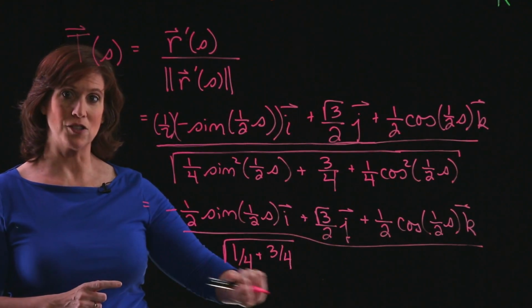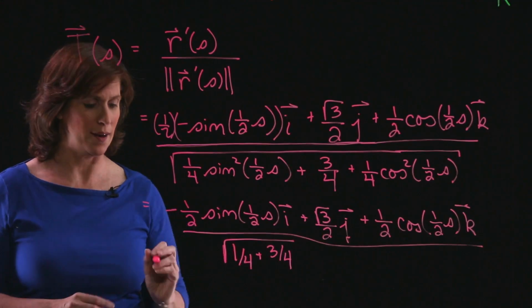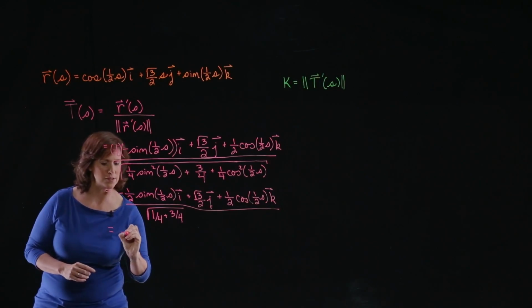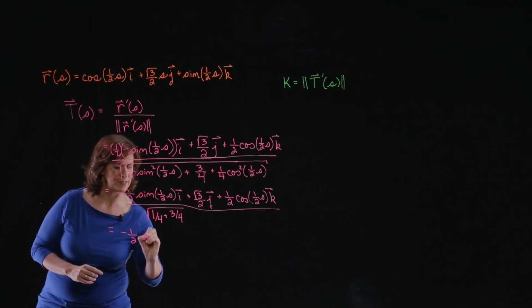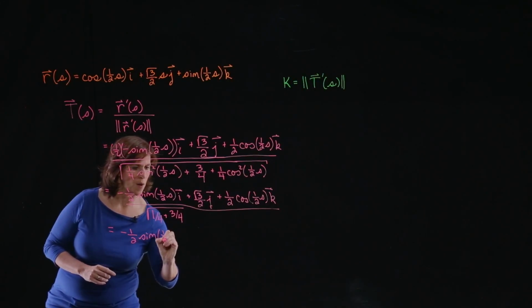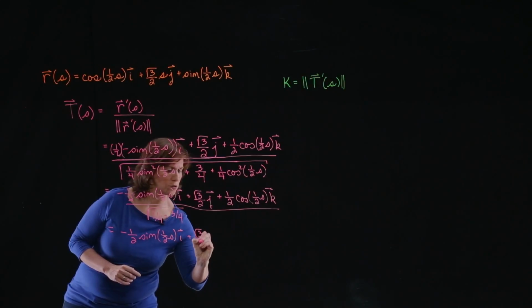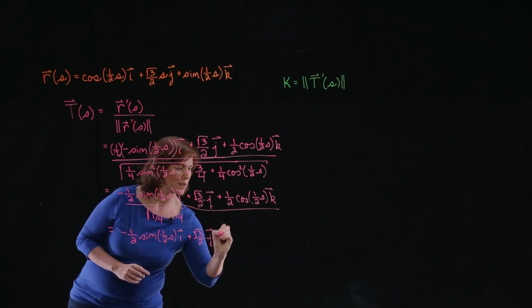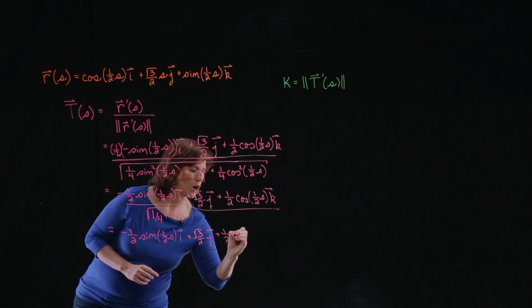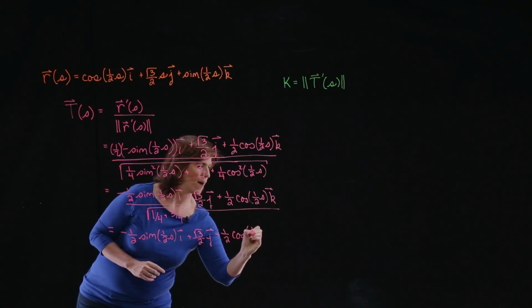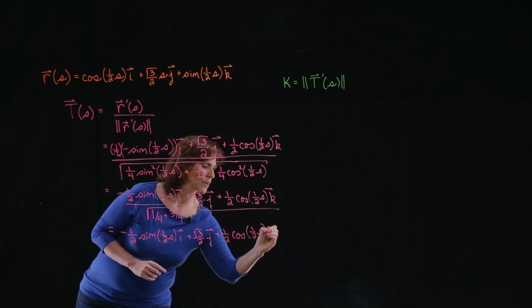So that whole denominator turns into the square root of 1, which is just 1. So again, the whole thing reduces to minus 1/2 sine of 1/2 s times vector i plus root 3 over 2 times vector j plus 1/2 cosine of 1/2 s times vector k.